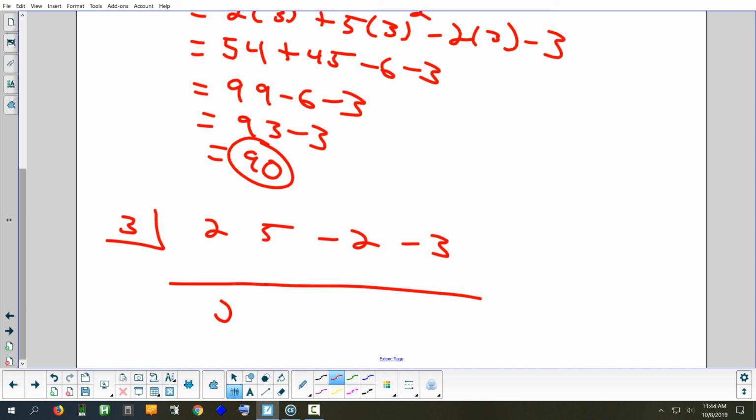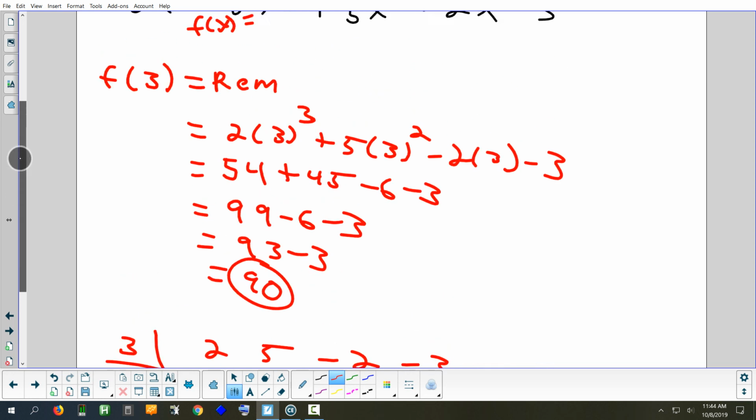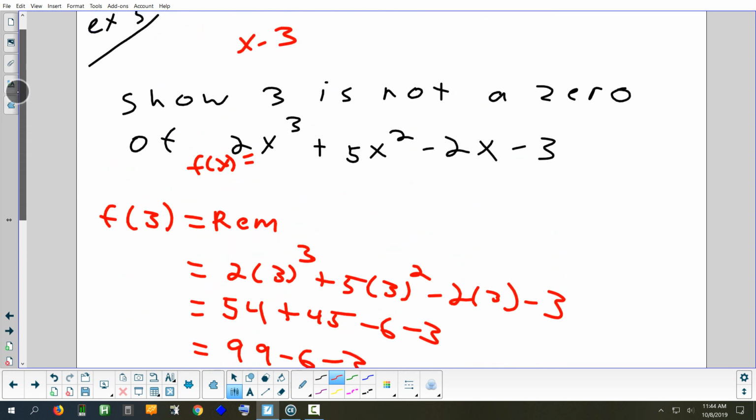All right, bring down the 2. 3 times 2 is 6. 5 and 6 is 11. 3 times 11? 33 minus 2? 31. Seems good. 31 times 3 is 93. 93 minus 3. There you go. So that's probably quicker though. That one might be a little quicker, yeah. So either way, you get a remainder of 90, which proves it's not a root.